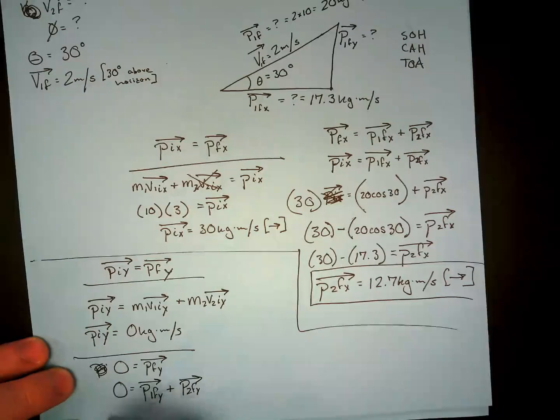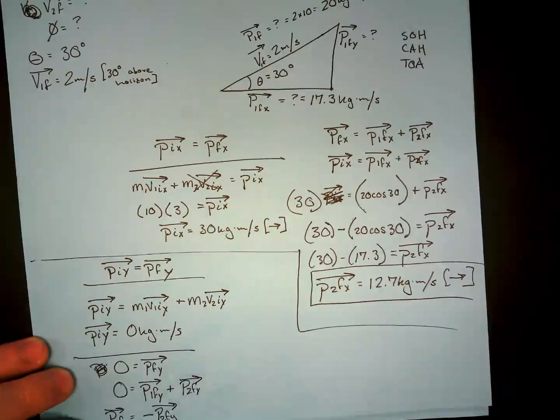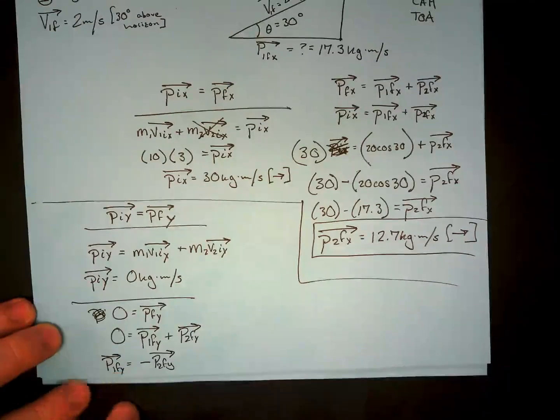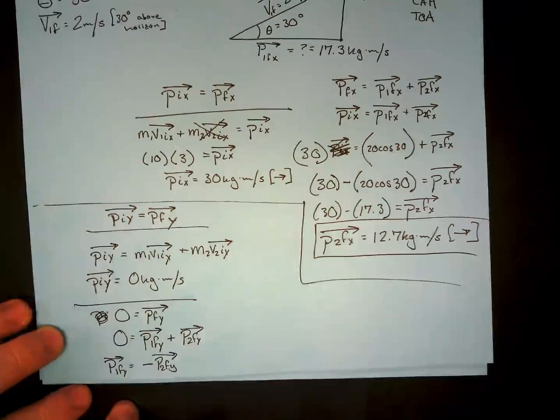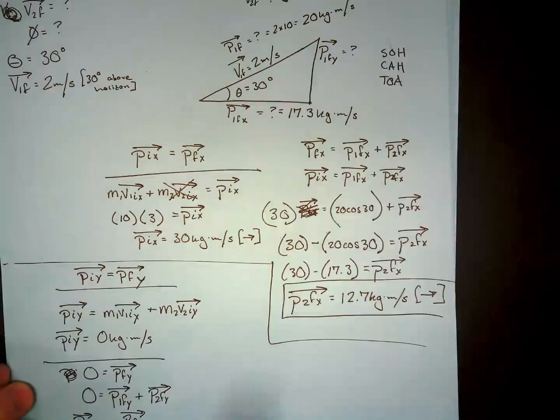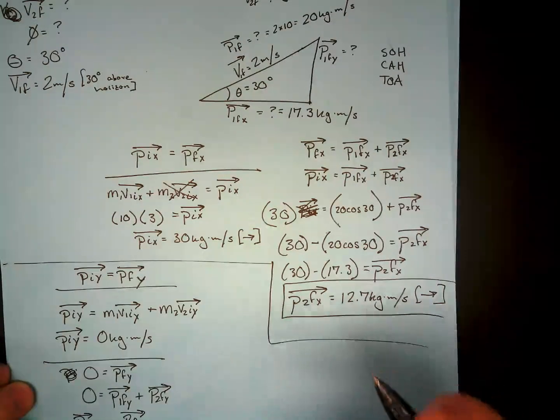And so what that'll look like is just P1FY is equal to a negative P2FY. Okay, so they'll be equal but opposite in sign. So that means once we find this y momentum, the y momentum for our second object will be the same, but in the completely opposite direction.